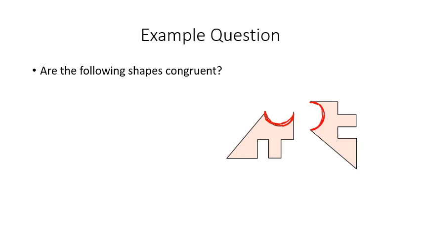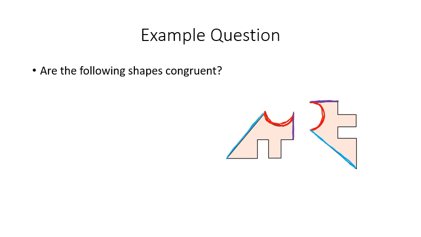As you can see, this half circle is connected to one long diagonal line, and it is on the same side on our second shape. We also have the half circle connected to a short line down here, which again is exactly the same.